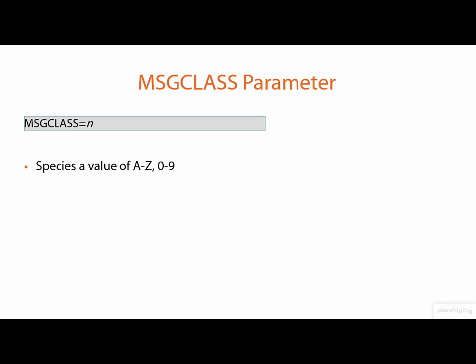Now, in this particular case, too, it becomes important that you're aware of what those standards are, since output classes can be defined as either active classes where things will actually be printed, they may be a held class, which allows for online viewing, there may be classes designated for automatic archiving, and there may be classes designated as dummy classes, meaning that the output is thrown away for anything that goes into that class. So you want to be aware of what classes to use for your particular jobs. As we said, the installation standards are going to govern the legitimate values that we want to use for these purposes.